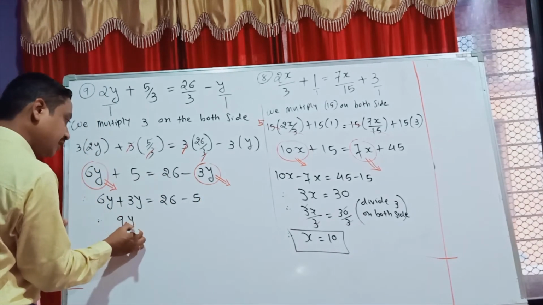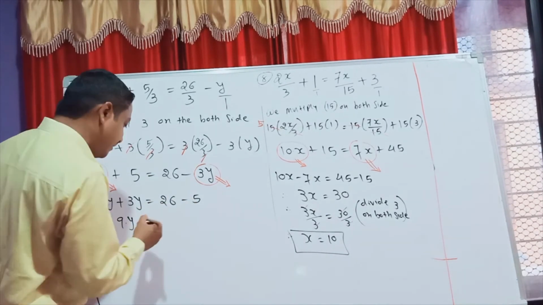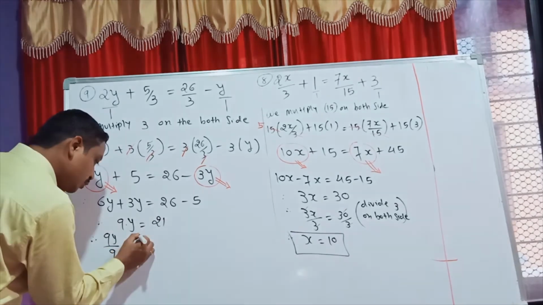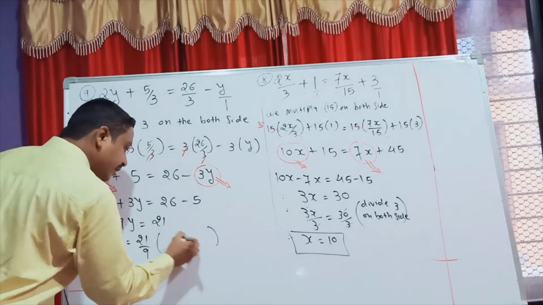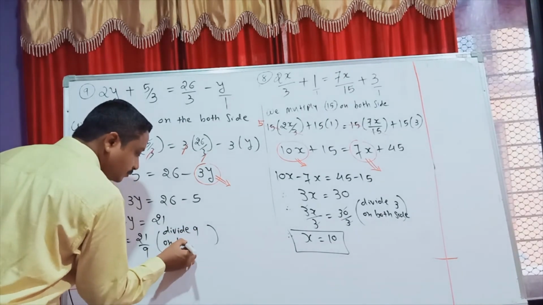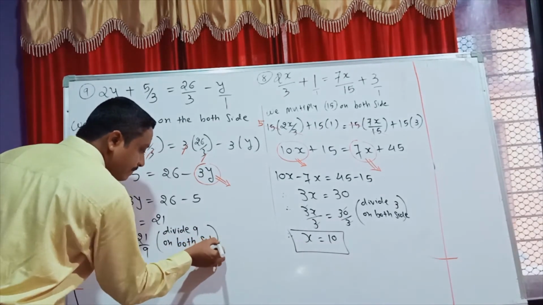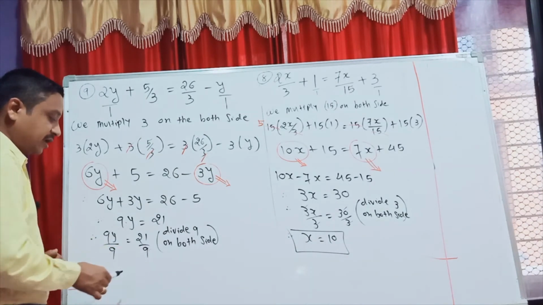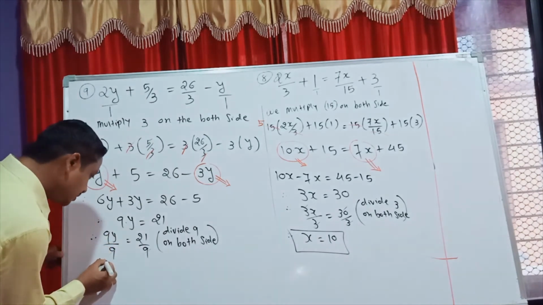So how much? 9y is equal to 26 minus 5, it is 21. So 9y by 9, 21 by 9, and here divide 9 on both sides. So finally this 9 and 9 gone, and here 9 and 21 also cancel. How much?